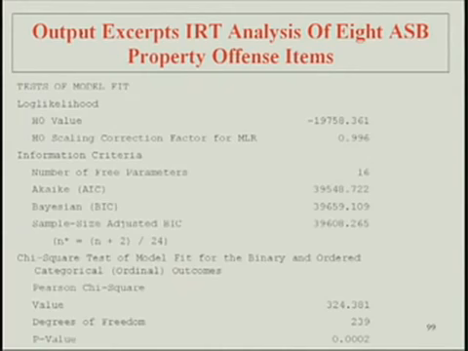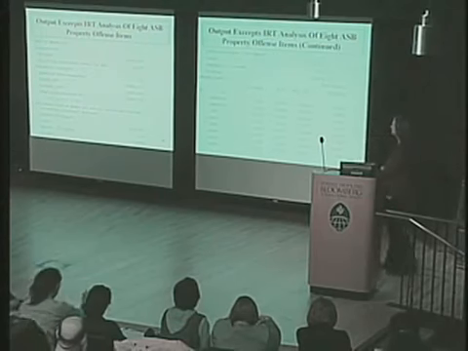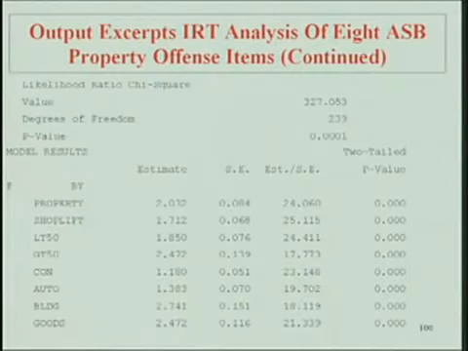So the first part of the output is our test of model fit. We get our log likelihood value and other information criteria. But what's of interest here are the two chi-square tests at the bottom. The Pearson chi-square, as Bengt mentioned, and the likelihood ratio chi-square.